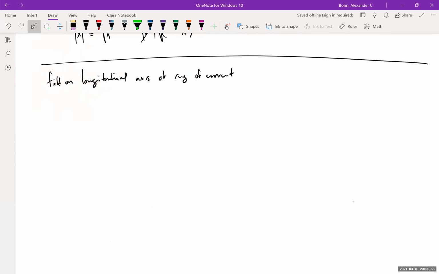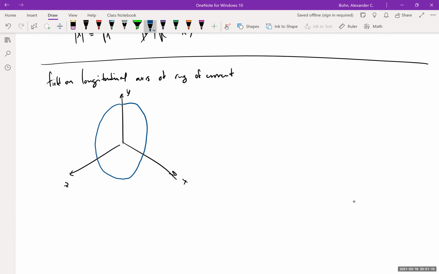All right, so we have the y-axis, the x-axis, and the z-axis. We have a circle of current in the YZ plane. All right, and we're interested in this little bit of current here.